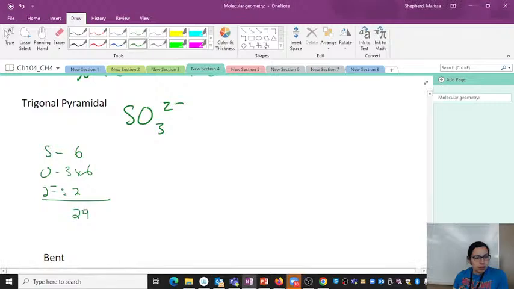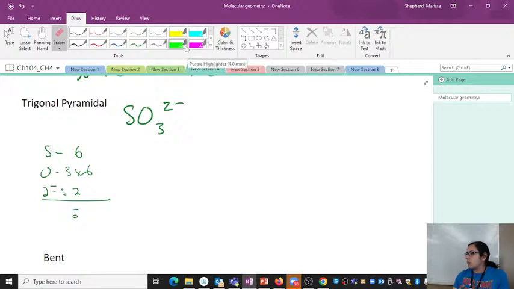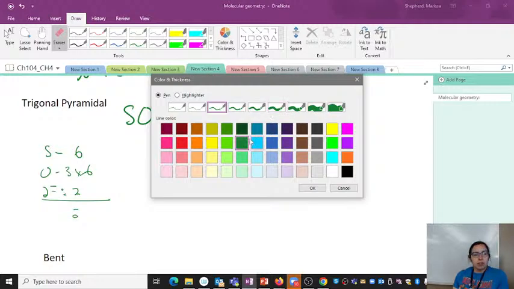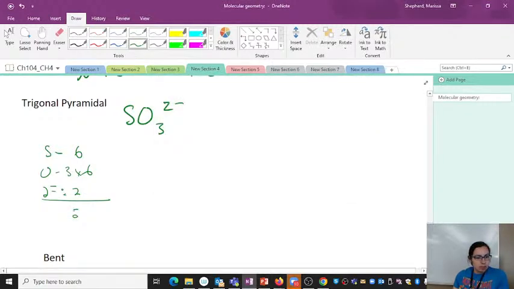Oh, I added wrong. So did we get 26 total electrons at least? So 26 electrons, and then how could you play with them?